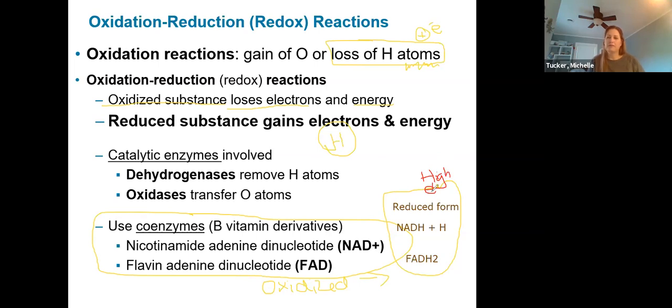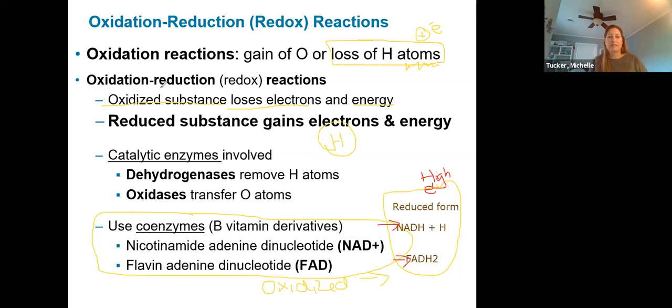In a lot of these reactions, which are redox reactions, NAD is converted into NADH plus H or FAD to FADH2. In doing so, a lot of the energy in that glucose, which becomes pyruvate, which then gets part of the TCA cycle, is now transferred into these reduced coenzymes.